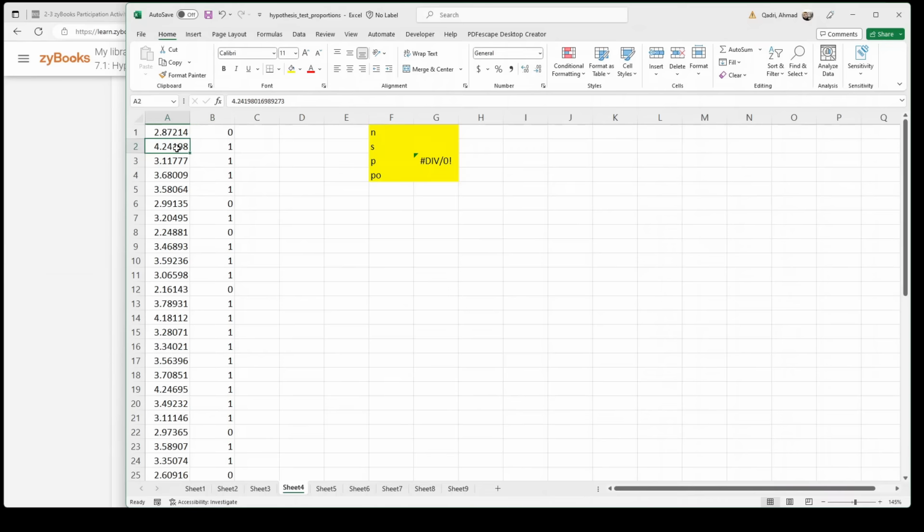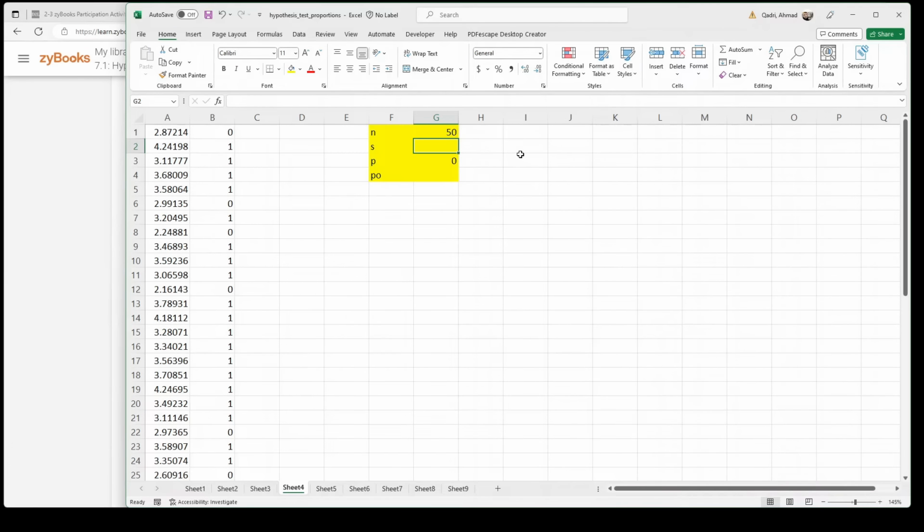Now you can see here, for example, weight is greater than 3, so this is a 1. Same here. Now I can calculate. The total sample size is 50, and the number of successes, how many ones are there?